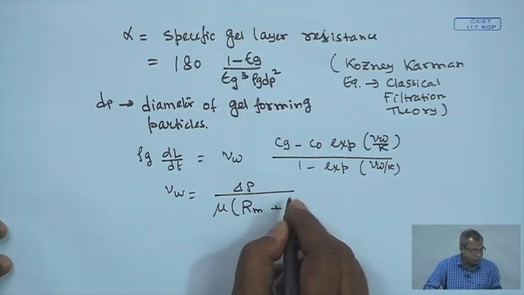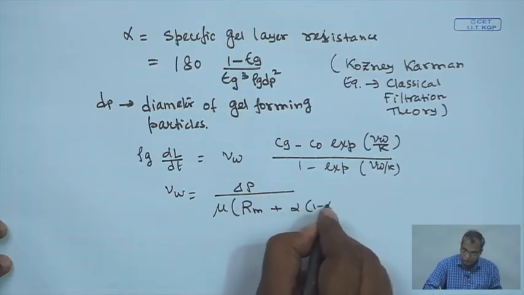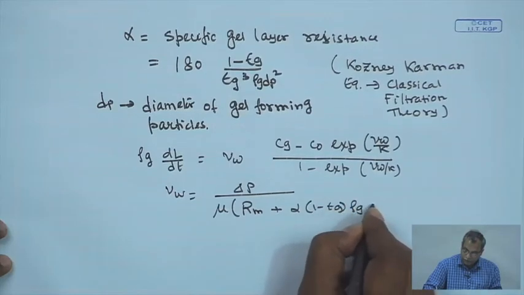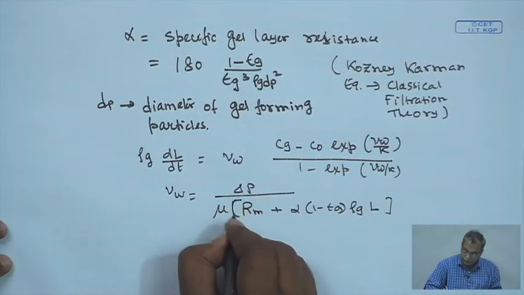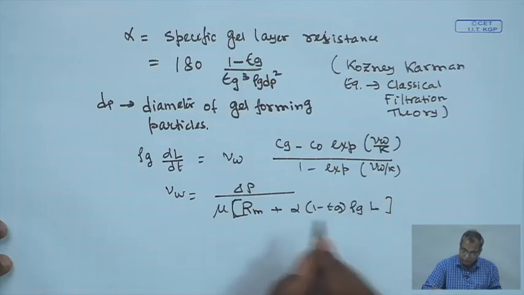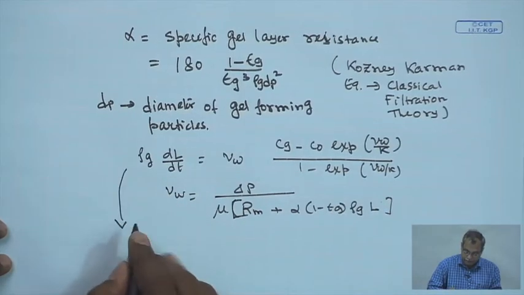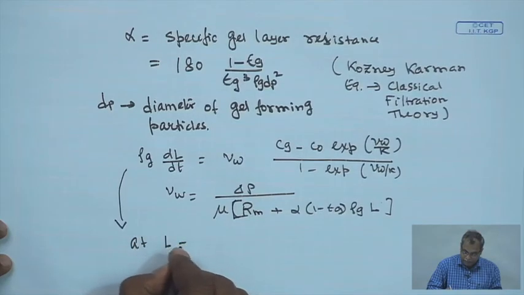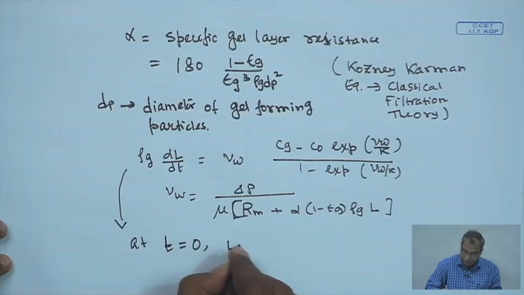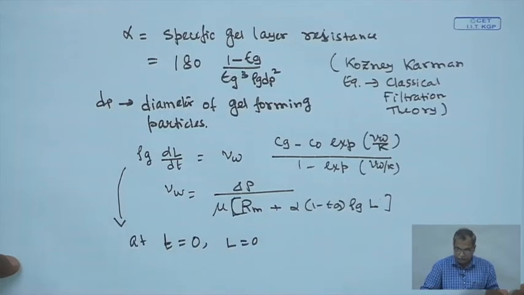R g is alpha (1 minus epsilon g) rho g times L, where L is a function of time. This equation has to be solved with L equal to 0 at t equal to 0. That means, at the starting there is no gel layer thickness.